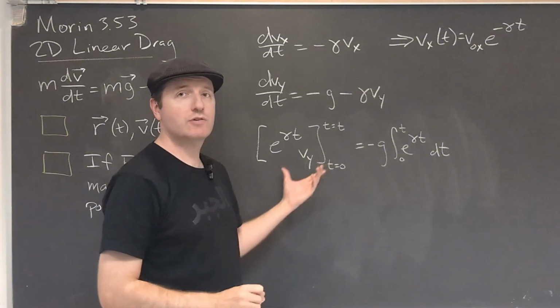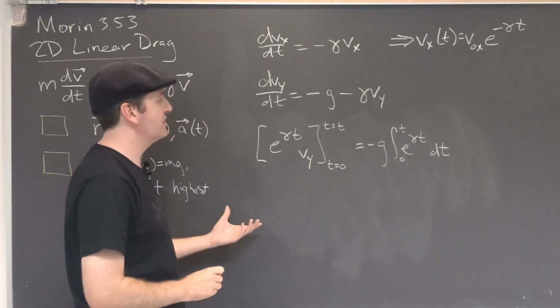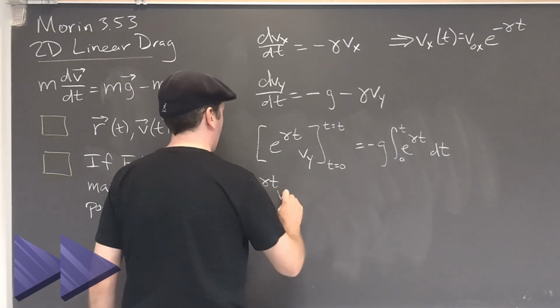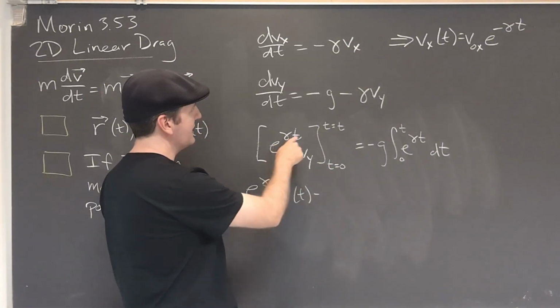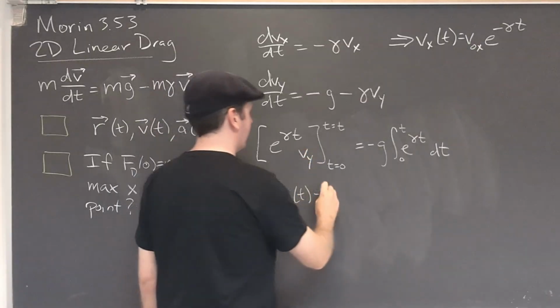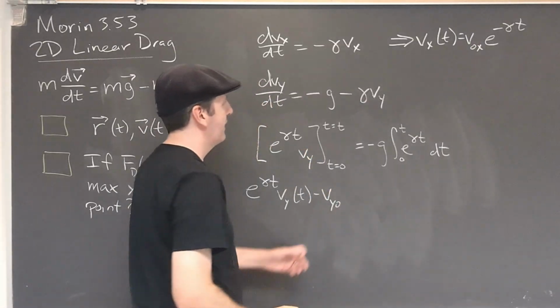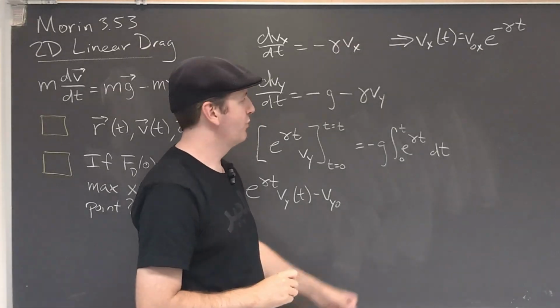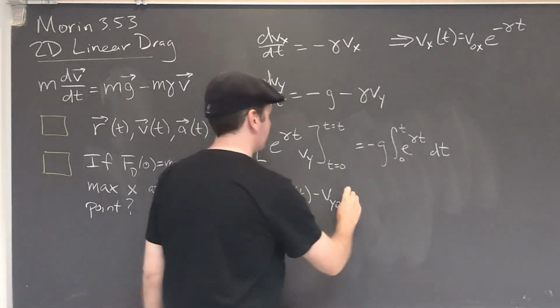Okay, so this is after integrating both sides from 0 to t, plugging in these values here. Obviously, e to the 0 is just 1. And then on this one, we pick up our usual 1 over gamma from this antiderivative.